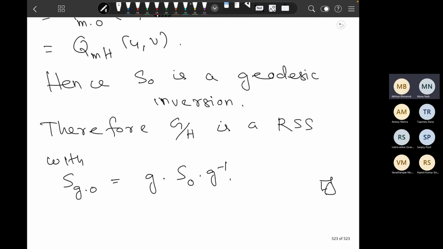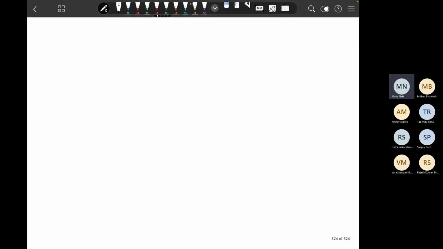Okay. So now let us write the theorem. Hence, this is the main theorem. We have proved the following theorem.